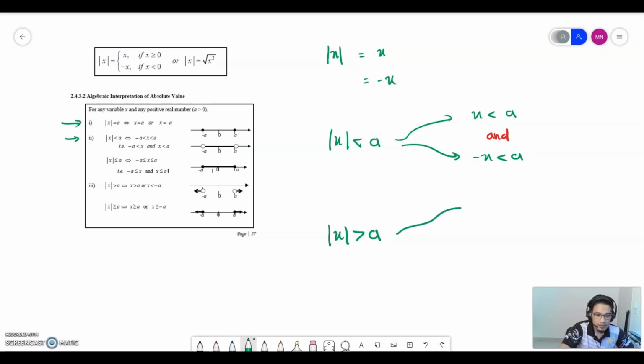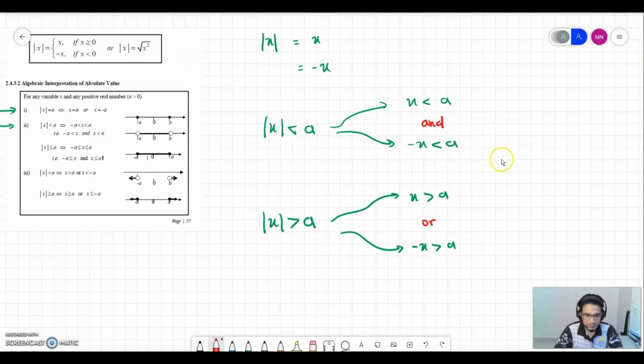It also gives us x bigger than a, and another one is negative x that is bigger than a. But the relationship between these two, positive and negative, is "or". These are the two things that you have to focus on when solving inequality involving modulus.